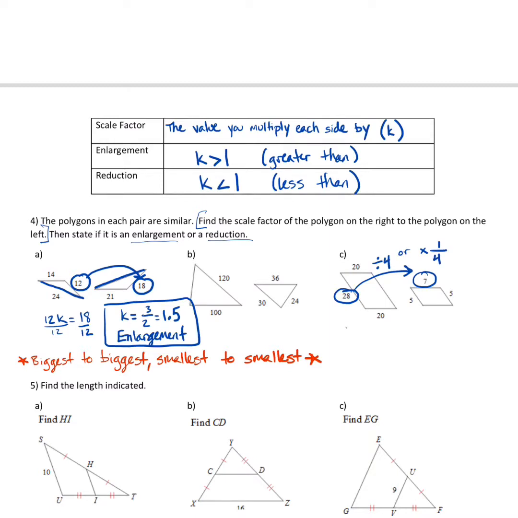If you weren't sure about that, you can just do 28 times the scale factor gets me 7, and then we can divide, and we get the 1/4. If I wanted to put that as a decimal, I could. See how this number is less than 1? Also, the shape got smaller, so I know that this is going to be a reduction.